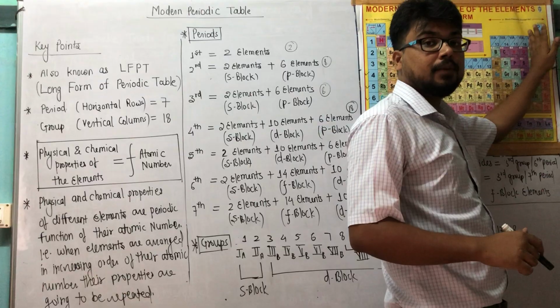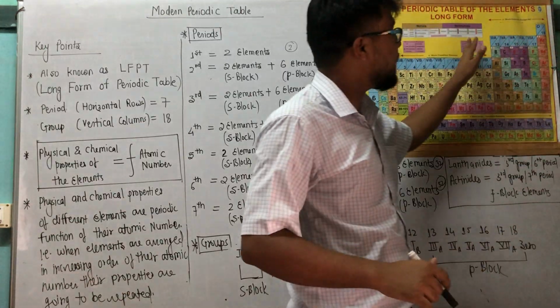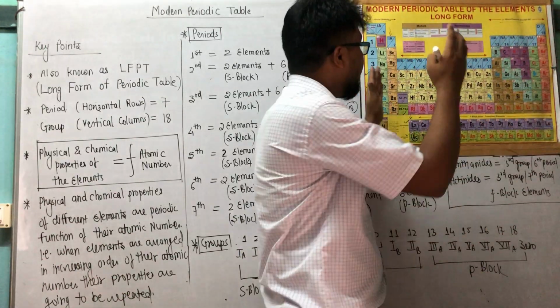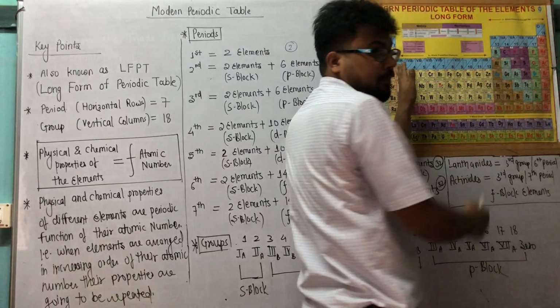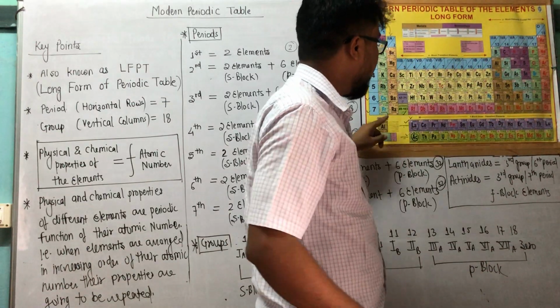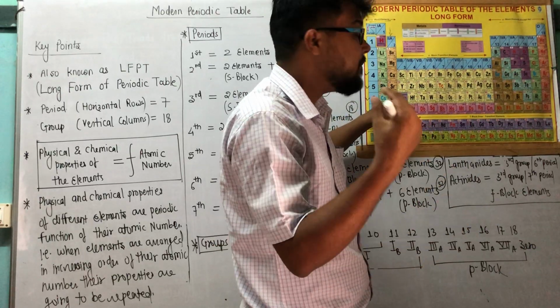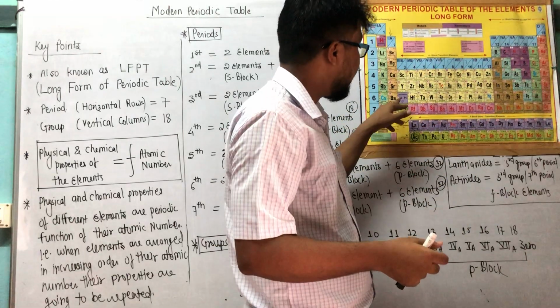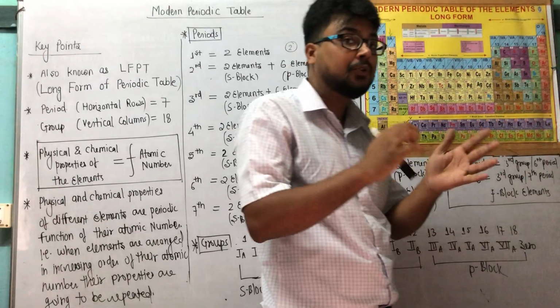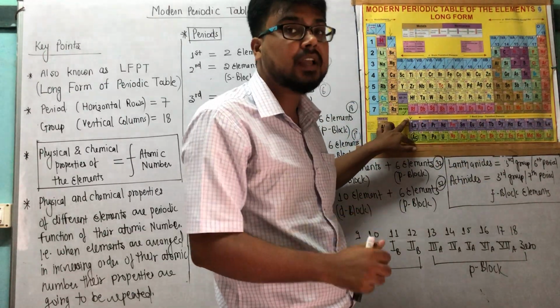The last six groups, 13 to 18, are known as P block. The middle portion, that is groups 3 to 12, is D block. And the lanthanide and actinide series are not a separate group, but cumulatively are known as F block elements.